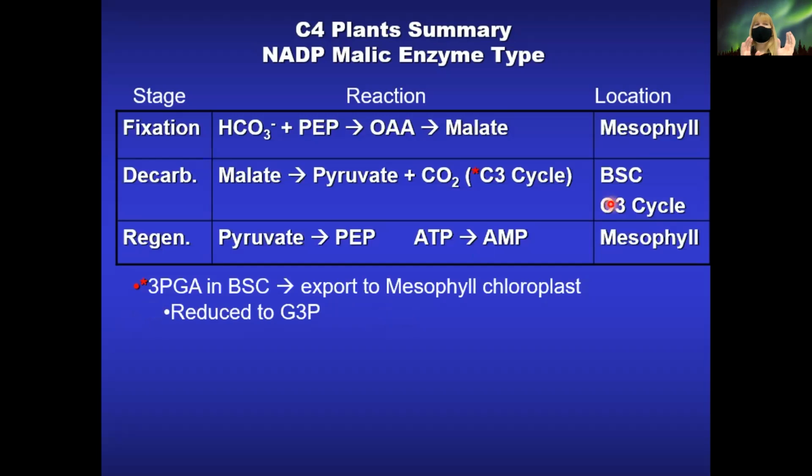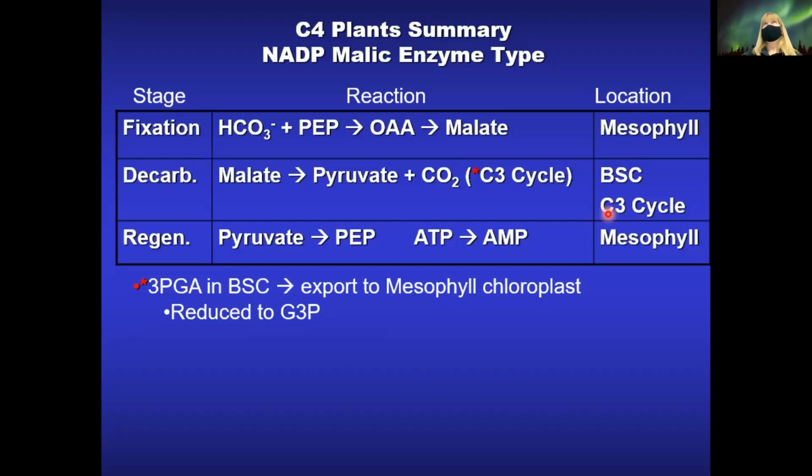What they do is once PGA is made in the bundle sheath cell, they'll physically push PGA, so to speak, over to a mesophyll cell so that it's over in the mesophyll cell that we can see PGA getting reduced to G3P.